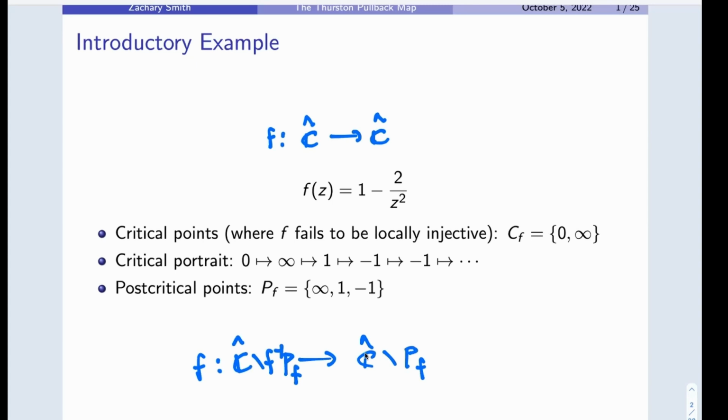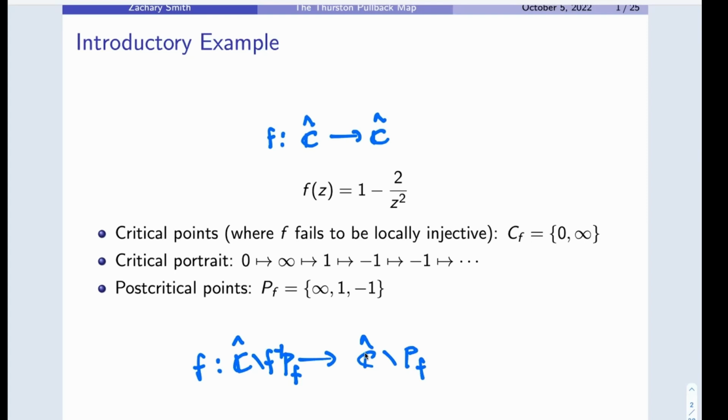And this particular covering map is going to have interesting properties when we look at the preimages of curves, and we'll see that in a second. But this was just a special example, this rational map.